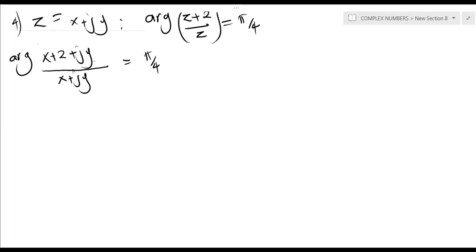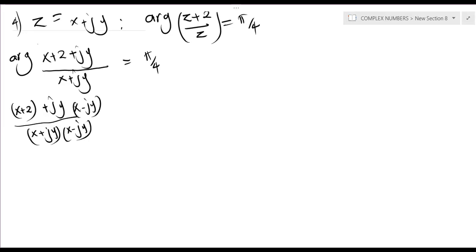Okay, so in order for us to simplify this, we're going to multiply up and down by the conjugate of the denominator. So I'll have x plus 2 plus jy, all this divided by x plus jy, times x minus jy over x minus jy. Okay, so remember we're still evaluating this. So what is this going to give us?